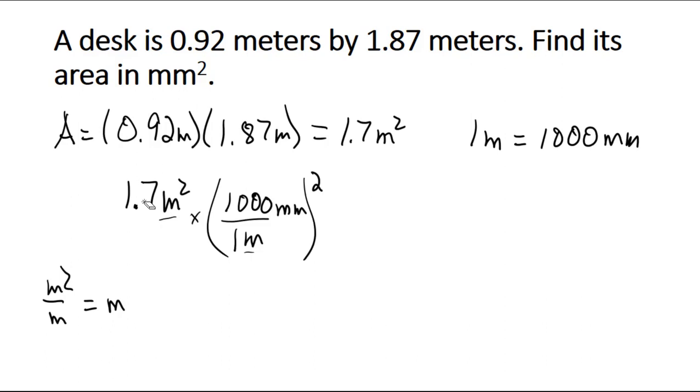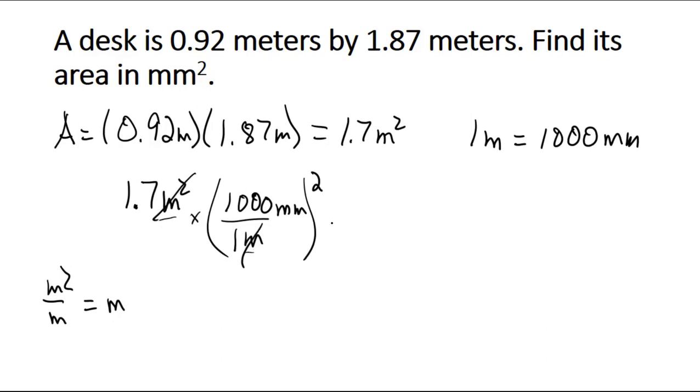Now, I don't actually explicitly write it out as squaring everything inside, but when you have parentheses like that and you square them, you square the 1,000, you square the millimeters, you square the 1, and you square the meters. Squaring a 1 doesn't do anything, you still get 1. Squaring a meter gives me meters squared, and I've got meters squared on top, meters squared on the bottom.